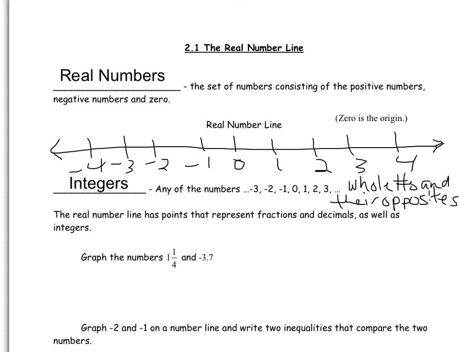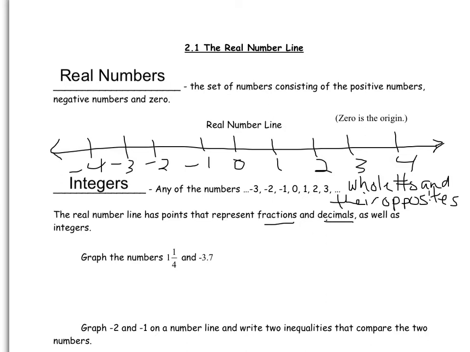But when we talk about real numbers, integers are just part of real numbers. Real numbers also include fractions and decimals as well as integers.